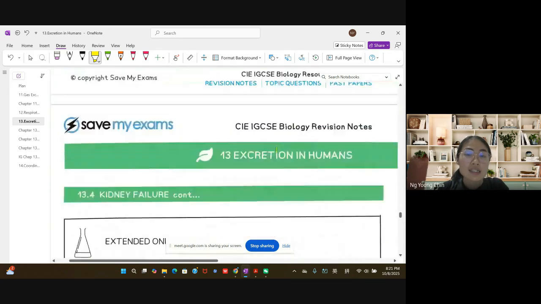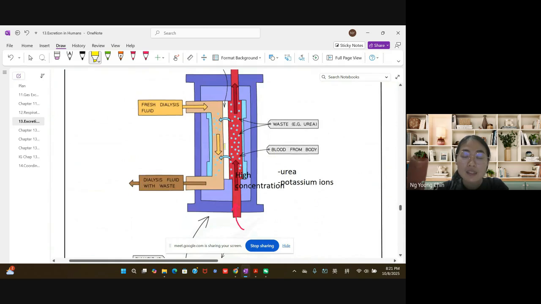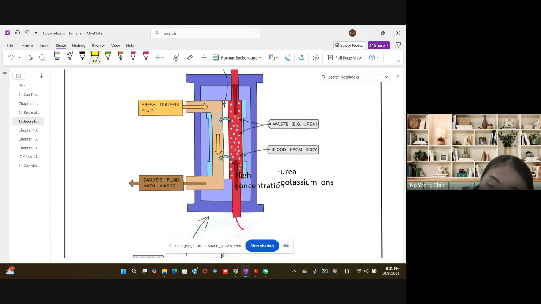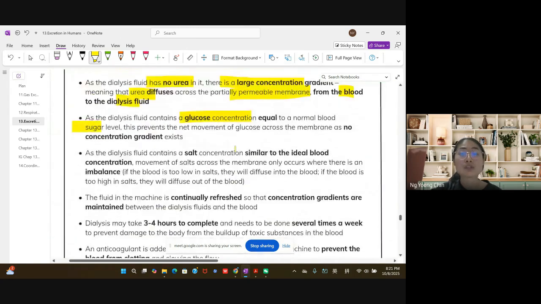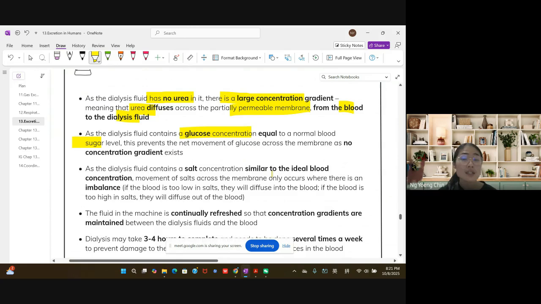So they just maintain the glucose concentration inside the blood the same as in the dialysis fluid, to prevent the glucose from also diffusing from the blood into the dialysis fluid. They want to prevent this because they only want to remove the waste products. Glucose is not considered a waste product.